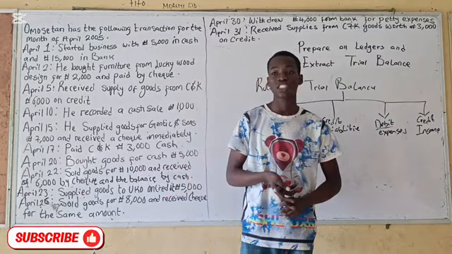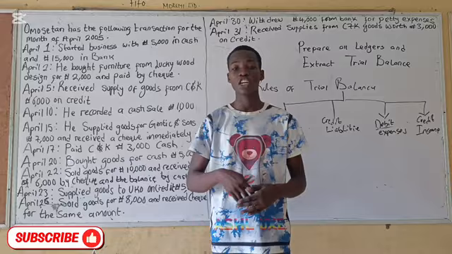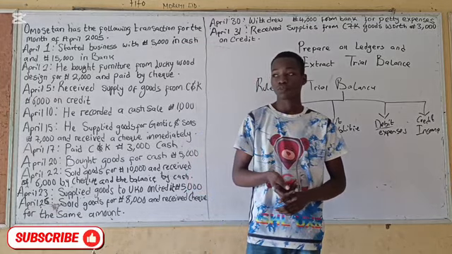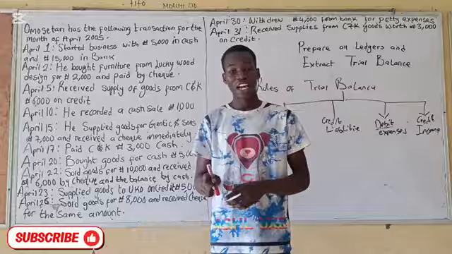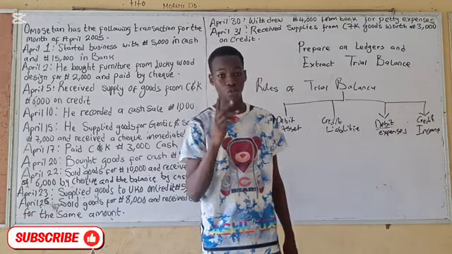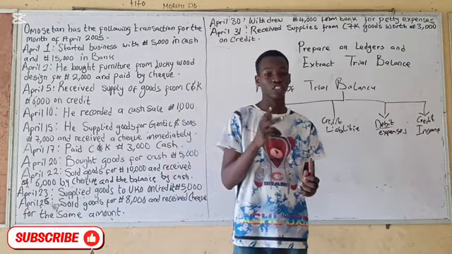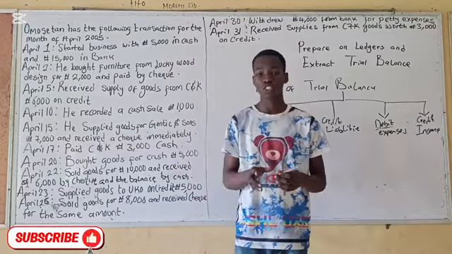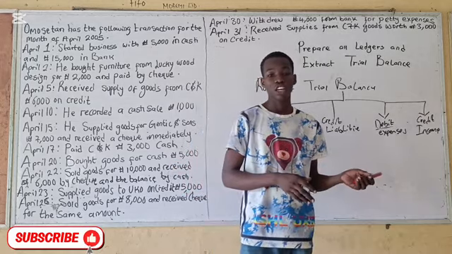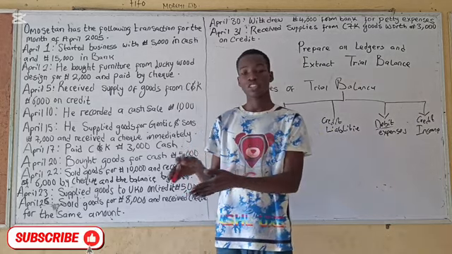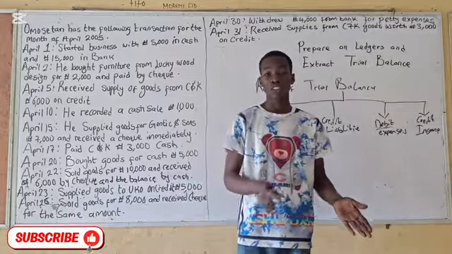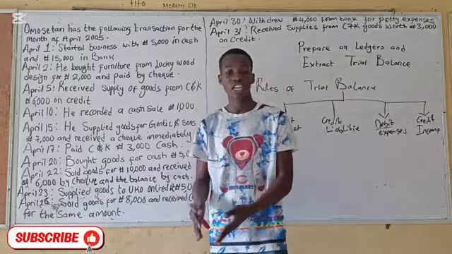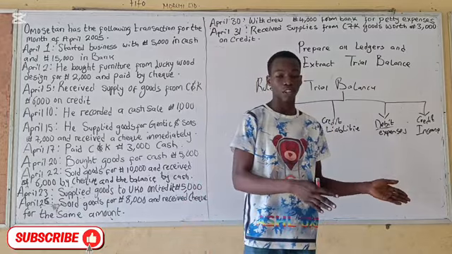And also we have error of duplication. That one occurs when you write the same transaction two times. But these errors, I usually talk about them when we are doing correction of errors and suspense account. That's where I talk about them.